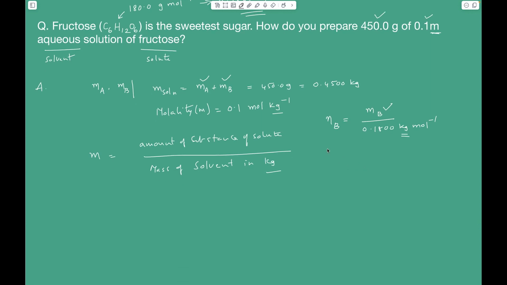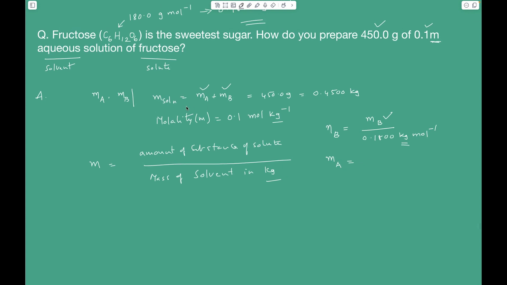Now what is the mass of the solvent, that is MA? We know the mass of the solution, that is MA plus MB, that is 0.4500 kilograms. Then MA will be equal to 0.4500 minus MB kilograms. Understand that you will get the value of MB in kilograms.